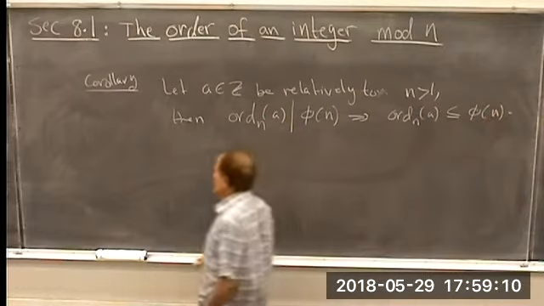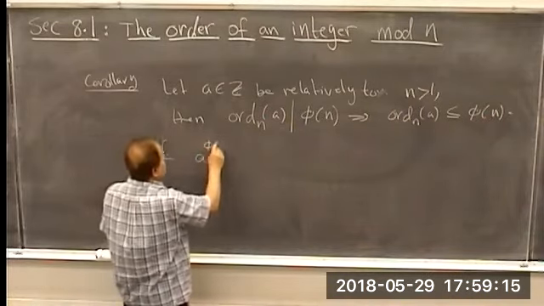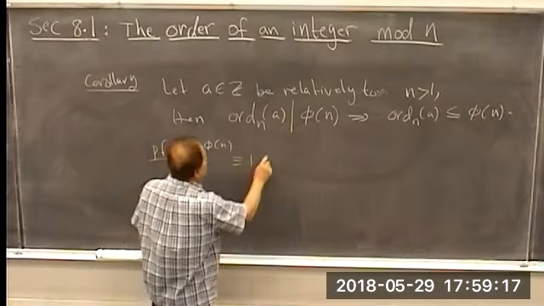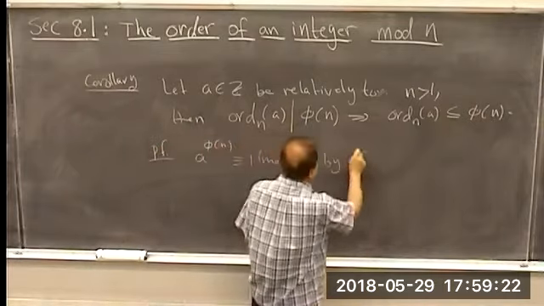And the proof of this is, of course, very simple. We have A to the phi of n congruent to 1 mod n. This is by Euler's theorem.